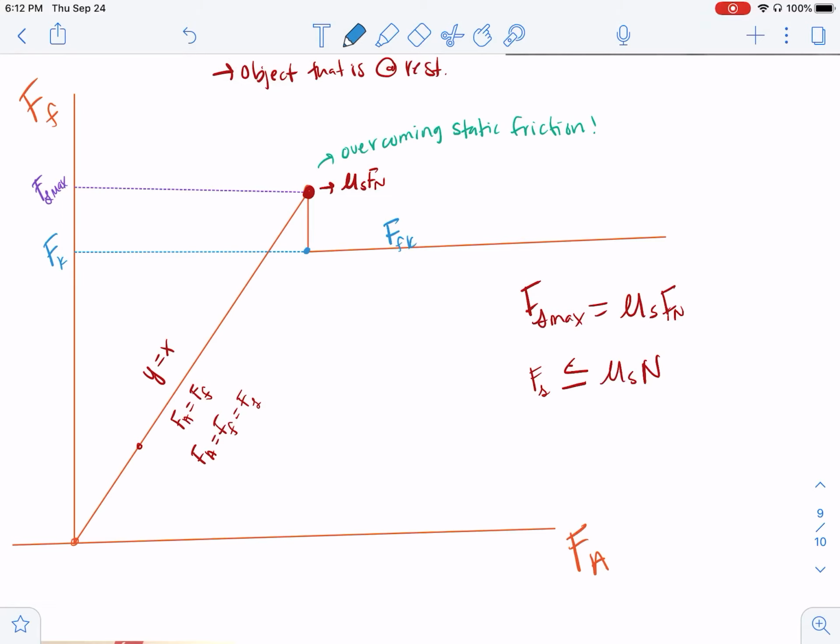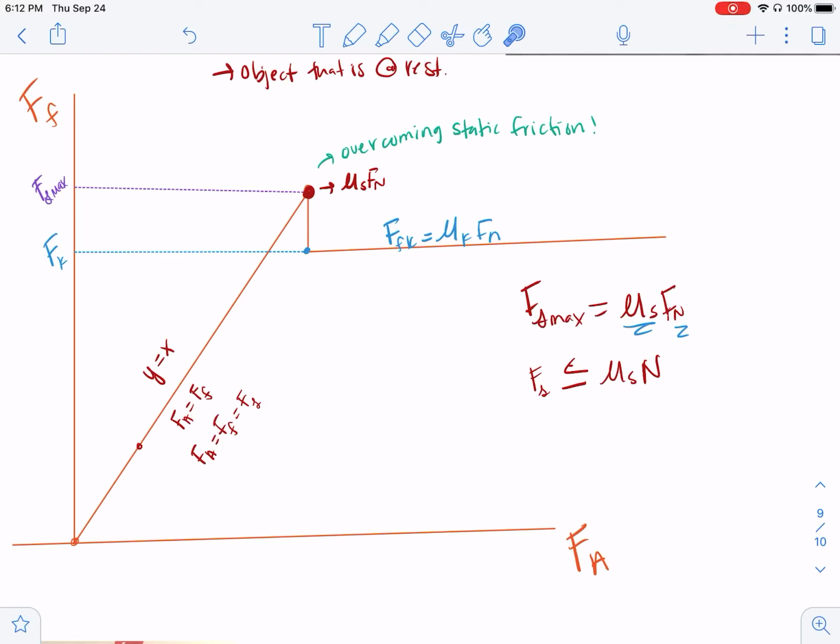Force of friction kinetic is equal to mu kinetic force normal. So we do have that relationship of mu and force normal. But for static, we can only say that when that is the maximum. If it is less than the maximum, then we're not in motion, we're still at rest.